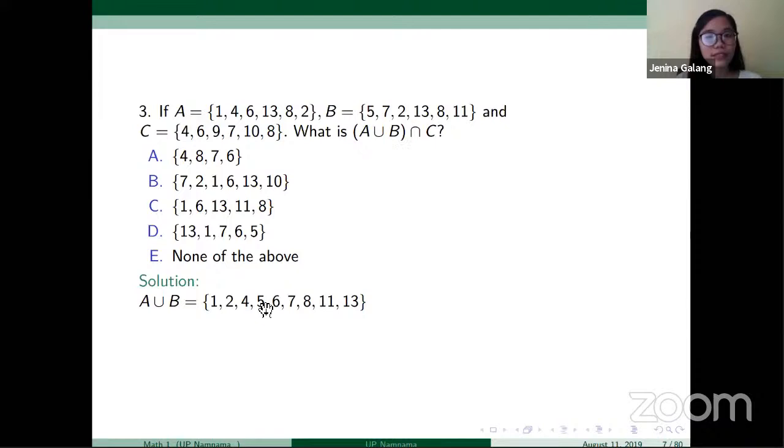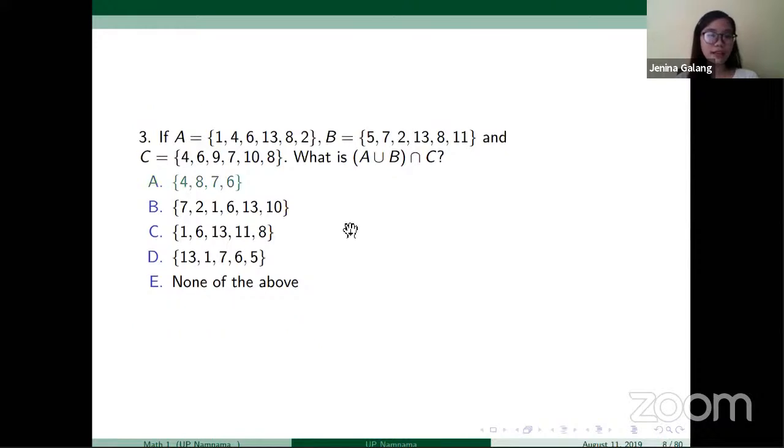Next is to intersect this set to the set C. So, kukunin natin yung elements na nakay A union B and nakay C. So, dapat both elements ay nandun sa sets na to. So, we have 4, 6, 7, and 8. So, the answer is letter A.